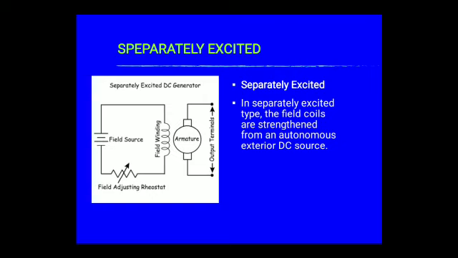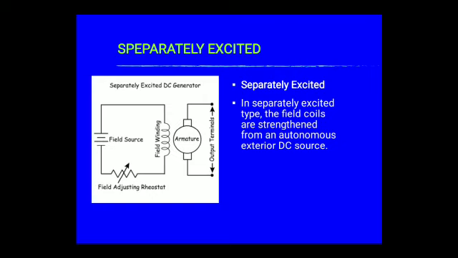That means you can see here a field winding and armature, and the field winding is connected with a battery or external DC source, and there is a field adjusting rheostat connected in series with the field winding.